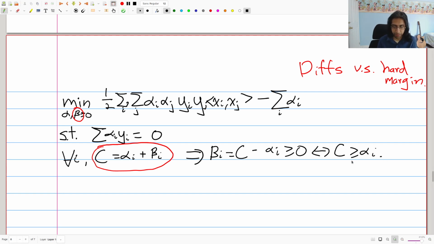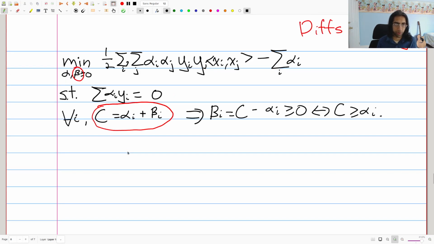And with this relationship, that completely removes the dependence on beta in every way. So let me finally write down what the soft SVM dual is.